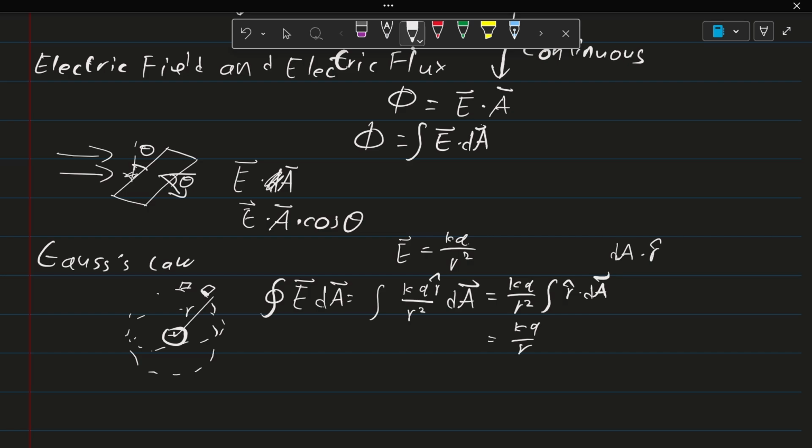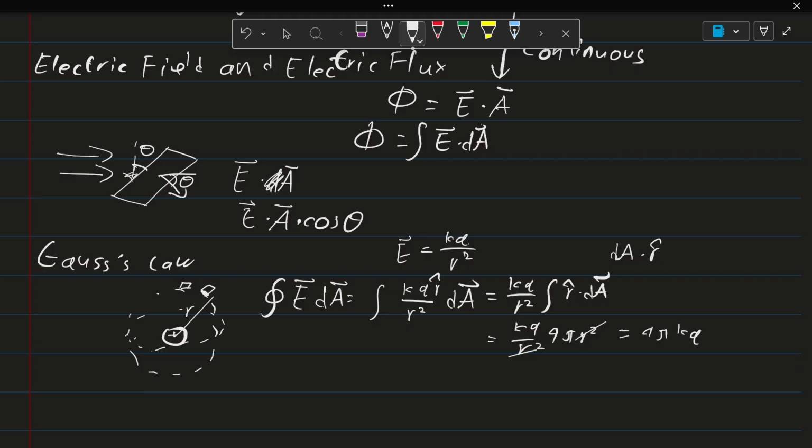We would only have the dA. And when you take the integral of dA, you would figure out the area of this entire sphere, which is 4 pi r squared. So we get the relation that it's 4 pi kq.